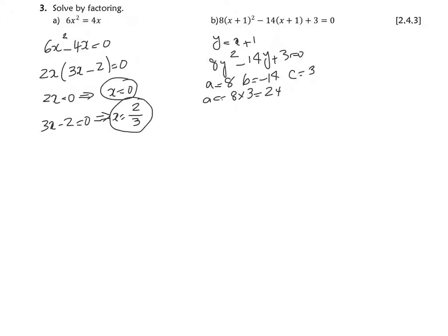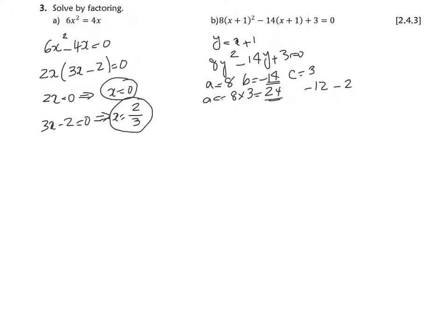Find two numbers whose product is 24 and whose sum is negative 14. Those two numbers are negative 12 and negative 2, because negative 12 times negative 2 is 24, and negative 12 minus 2 is negative 14.